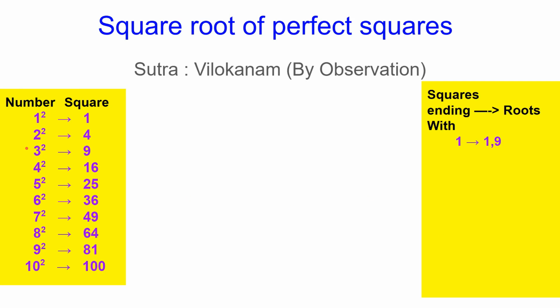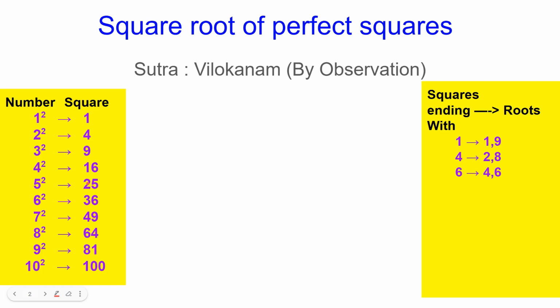Now, if you observe the pattern of square numbers, the squares ending with unit digit 1 are 1 and 81, whose roots are 1 and 9, right? Next, the square numbers ending with 4 are 4 and 64, whose roots are 2 and 8 respectively.